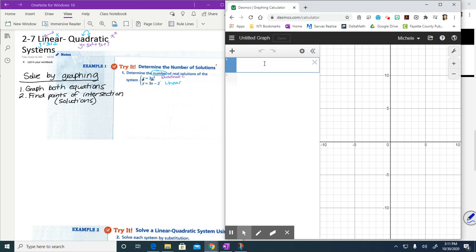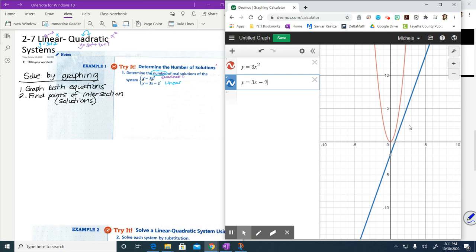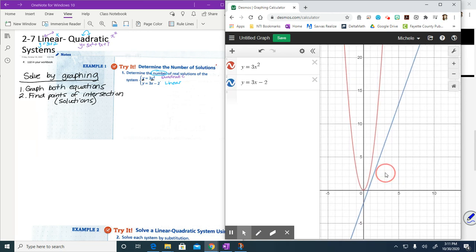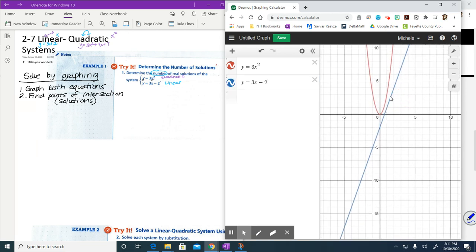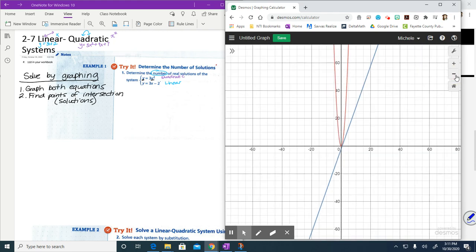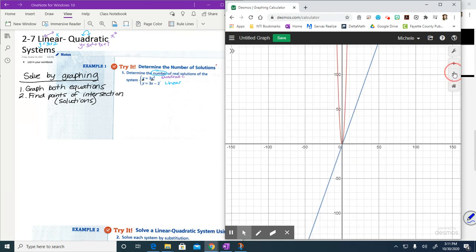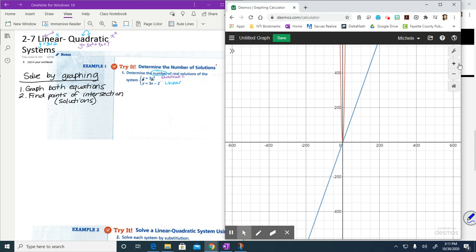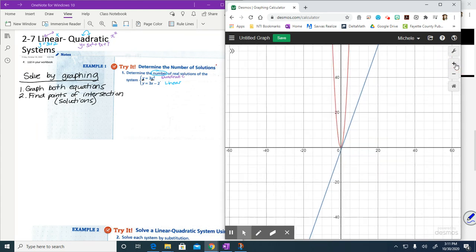I've pulled Desmos over here. I'm going to graph both equations, y equals 3x squared and y equals 3x minus 2. I'm looking at the graph, clicking around, not seeing that the graphs intersect. It doesn't look like the graphs intersect at all. But just to be sure, I'll zoom out and zoom out and zoom out. Even though from really far out it looks like they might intersect, always zoom in to see if they actually do.